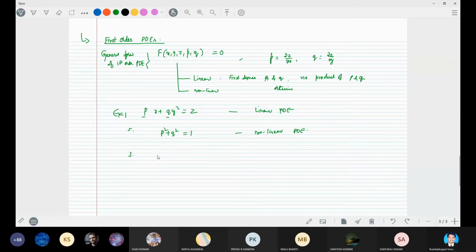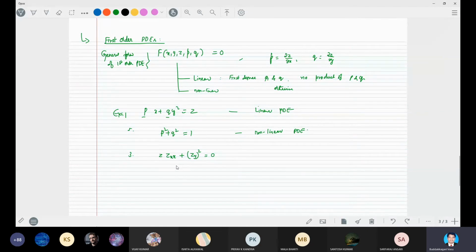This is not a first order PDE, but I will give you one simple definition also. z into zxx plus zy whole square is equal to 0.